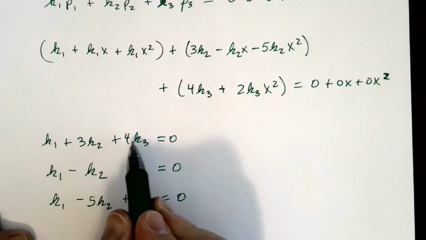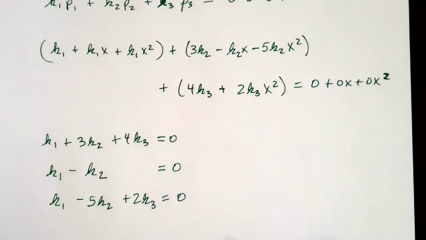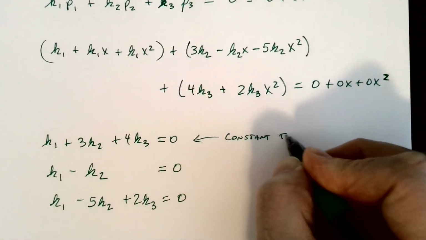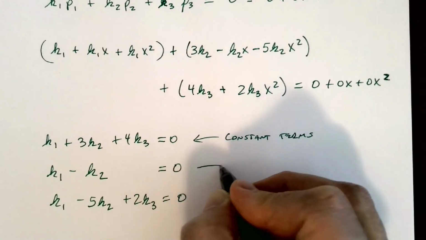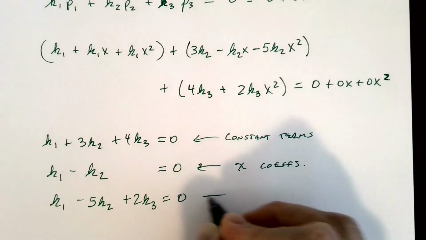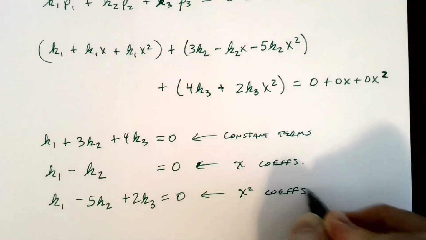These are the constant terms, the x coefficients, and the x squared coefficients.